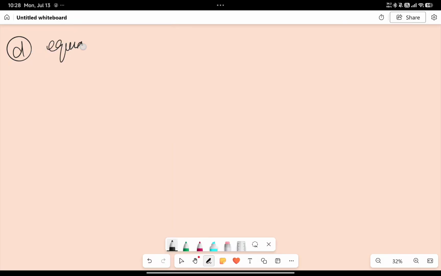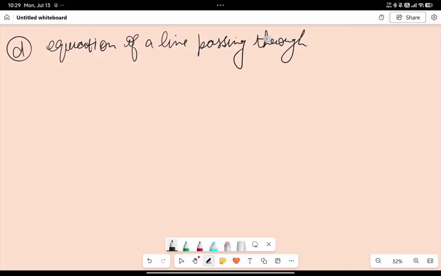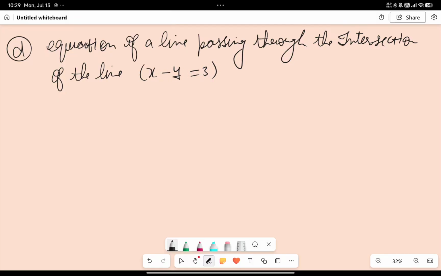Now, the equation of a line passing through the intersection of the lines x minus y equal to 3 and x plus y equal to 0 with inclination 45 is dash.